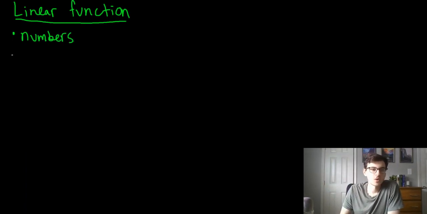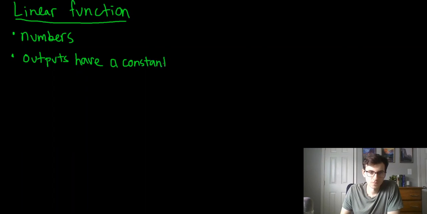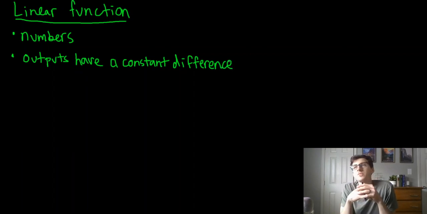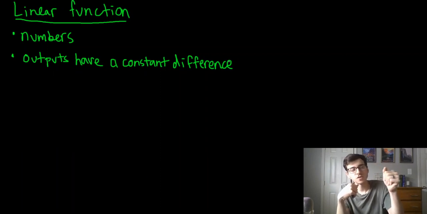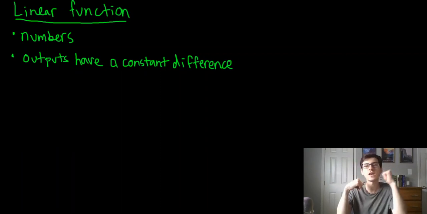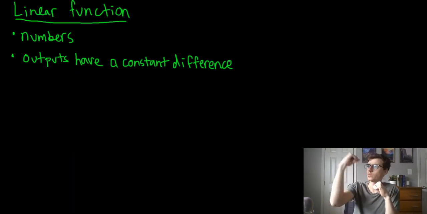And those numbers, the outputs, have a constant difference. Meaning that if I go up 1 in x, or 1 in my input, every single time I go up, then I go up a certain amount.